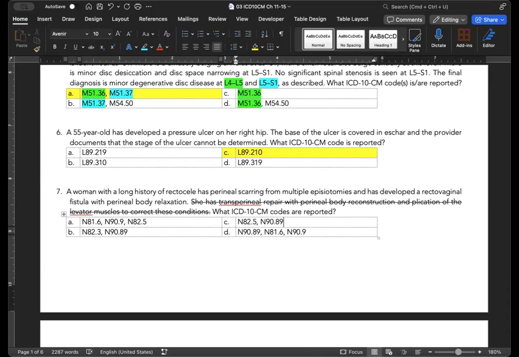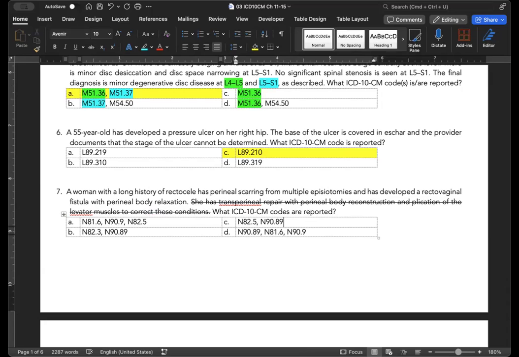So that's why I always like to say, don't always just jump at the first code that you see. Especially in CPT, because you think it might match what you're doing, but you might be missing a small little detail that you didn't realize you were missing until you look at another code.